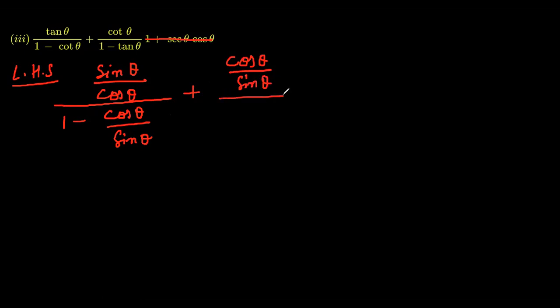And 1 minus tan theta means 1 minus sine theta divided by cos theta. We can take LCM in the denominator of both fractions. So this thing is equal to sine theta by cos theta.